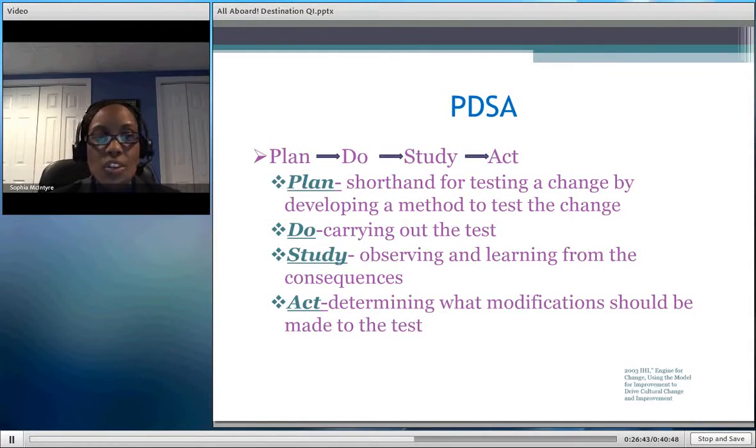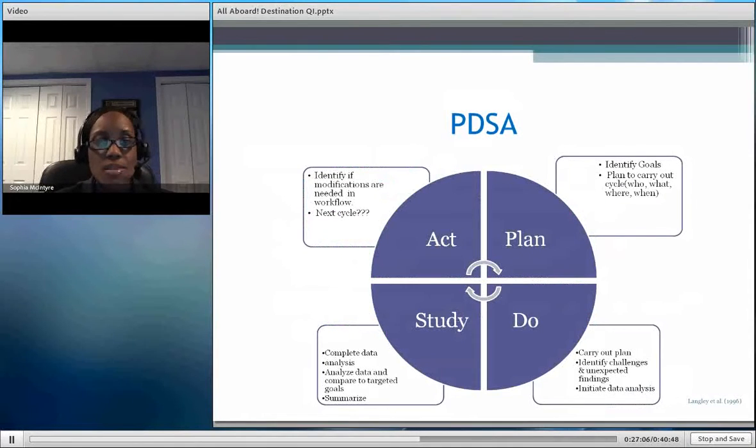So the first component, plan. That's a shorthand for testing a change by developing a method to test the change. Do. You're carrying out a task. Study. You're observing and learning from the consequences. Act. You're determining what modifications should be made for the test.